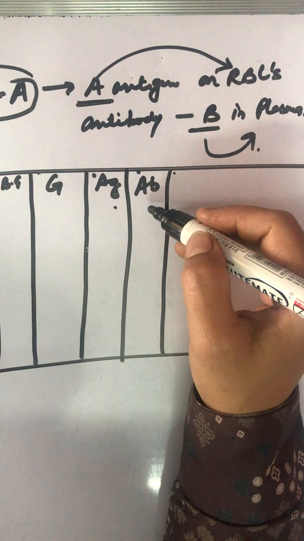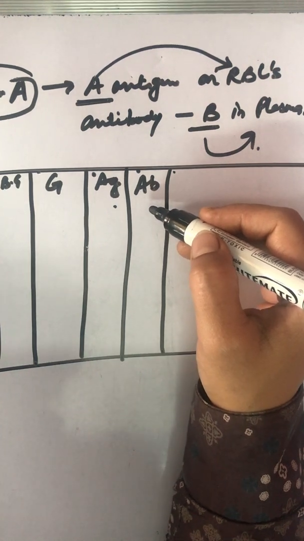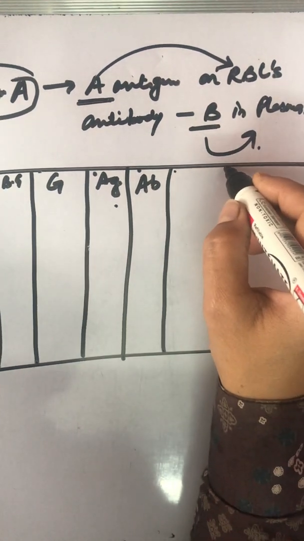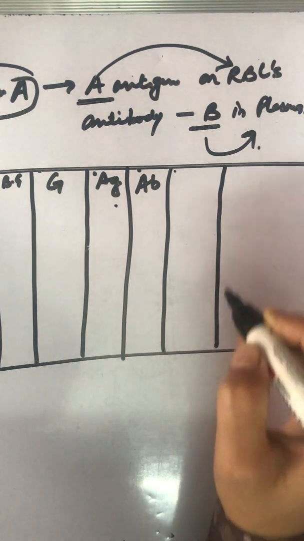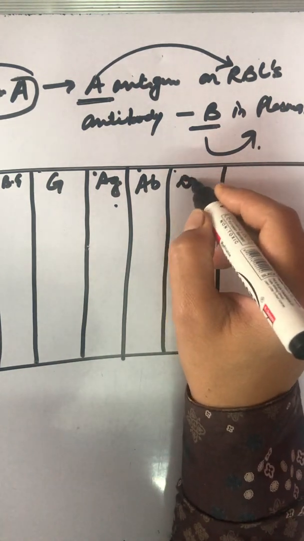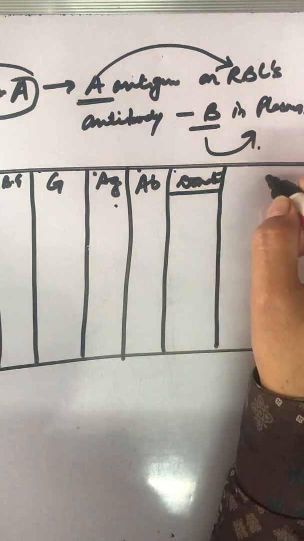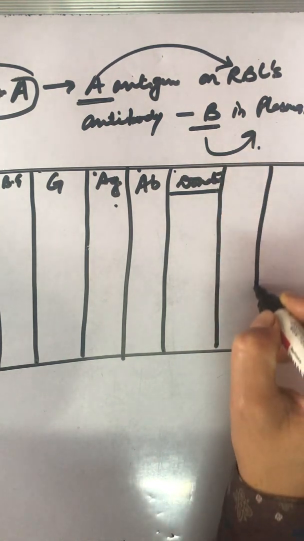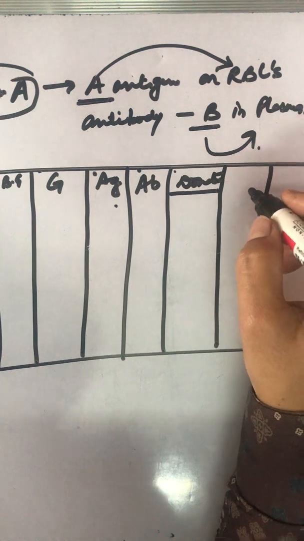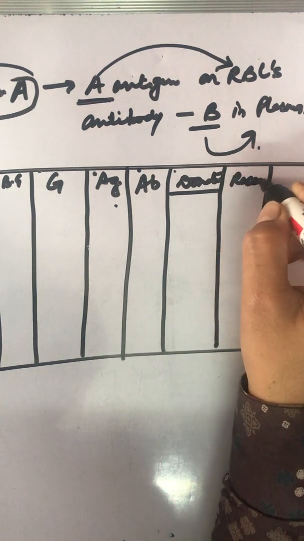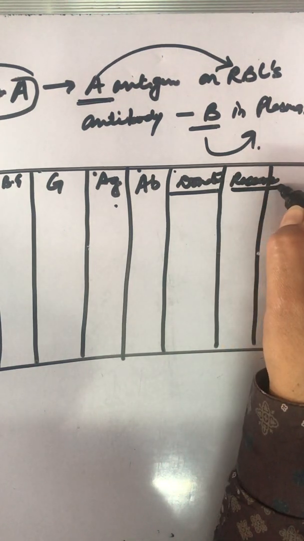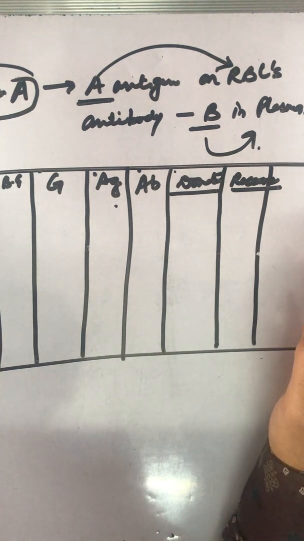AB stands for antibody, which is in plasma. Then moving to whom they can donate blood to, and can receive blood from, where they act as recipients.